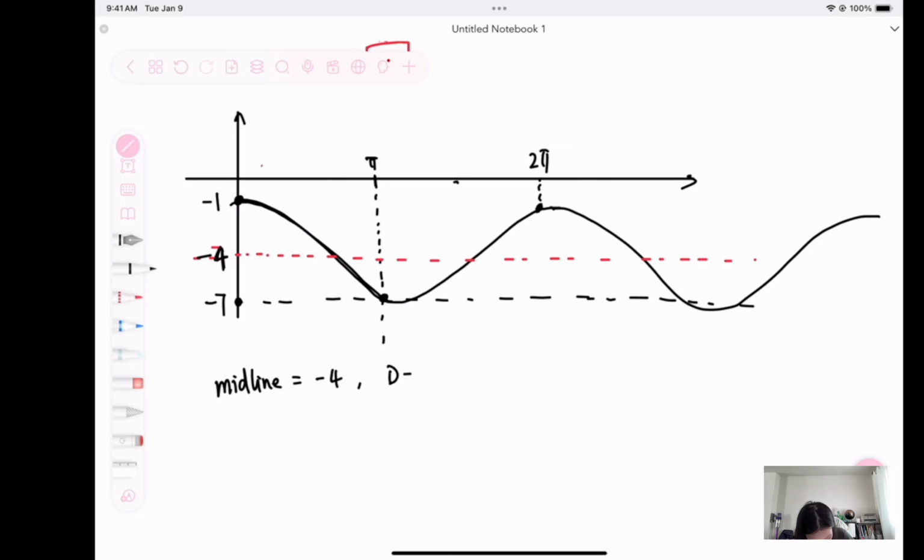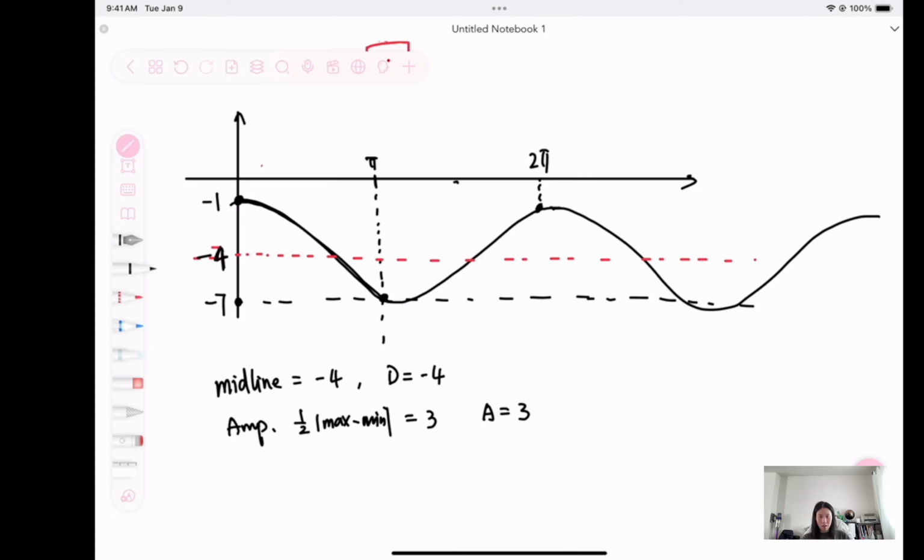That means D is equal to -4. What about the amplitude? Well, the amplitude is equal to half of the maximum minus the minimum. So that gives you 3. That means the amplitude A is equal to 3.